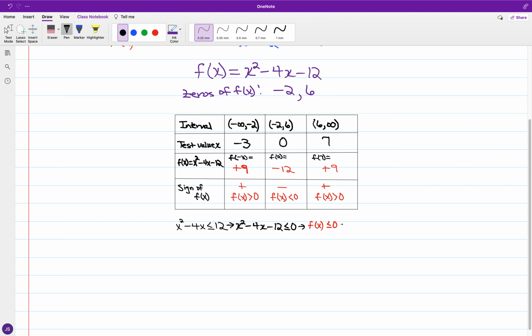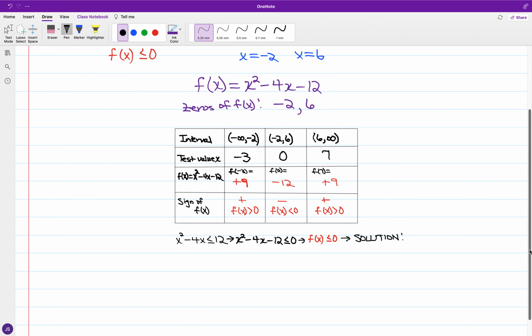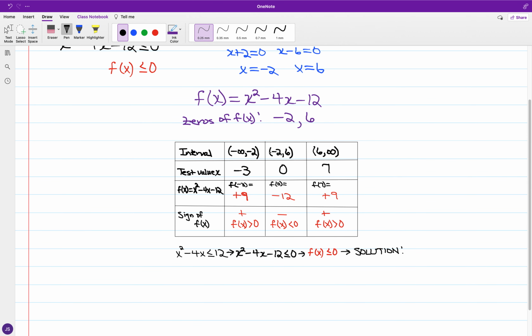And so for what we're going to have in terms of the solution, less than or equal to 0 will be in the same direction as less than 0. And we're going to use the same numbers as the values to work around. So we're looking at negative 2 and 6.